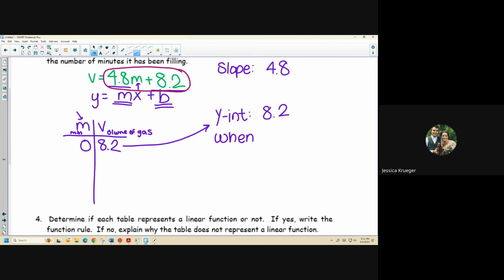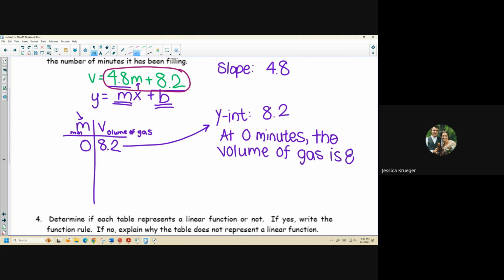Let's say at 0 minutes, the volume of gas is 8.2.